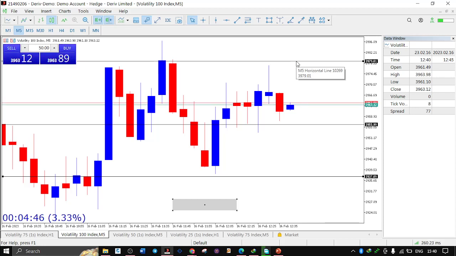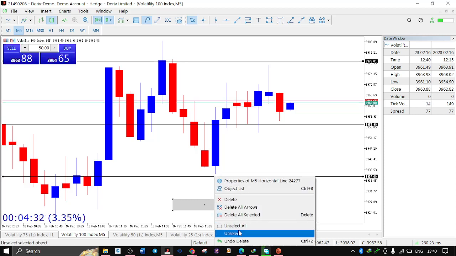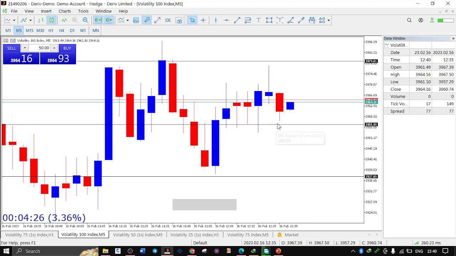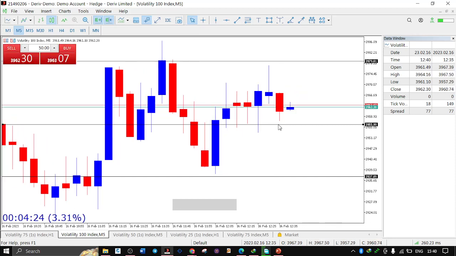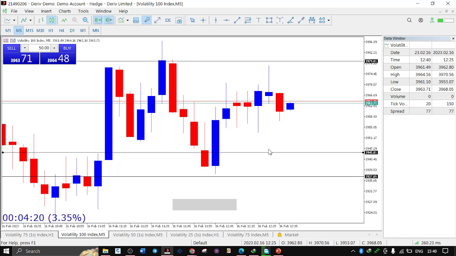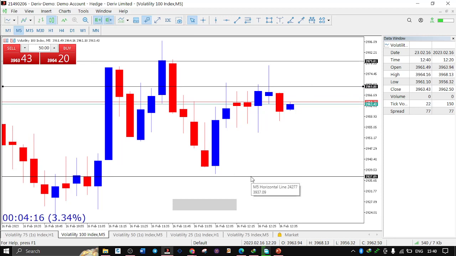So when the stop loss is exactly there, the price can push it around and you go into losses. When it is where it is right now, I'm giving myself an allowance, just in case the market comes and touches this wick and bounces up, my stop loss won't be touched.